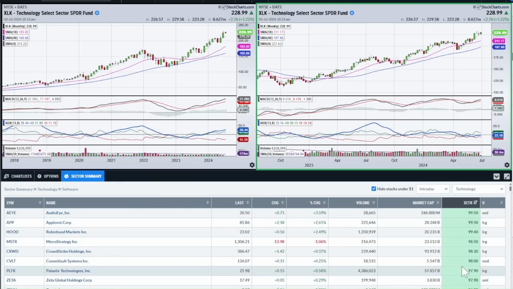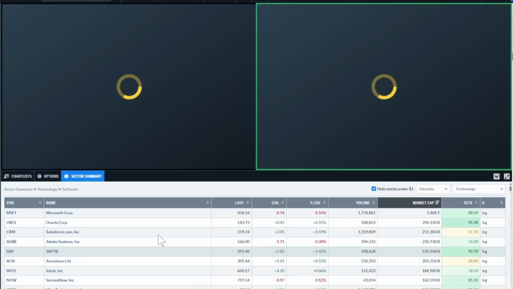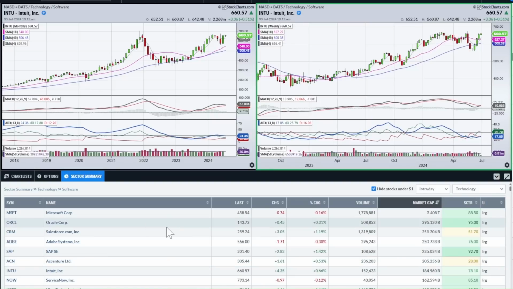And I can do it either sorted by their scooter, and you can see some names like this APP, which is showing a lot of strength with a lot of improvement here coming back towards the 18-week. But I can also sort it by market cap. And at the end of the show, I am going to show a few individual symbols in the software area that really kind of caught my eye, but this is definitely one as well. Look at the way this is bouncing off support.